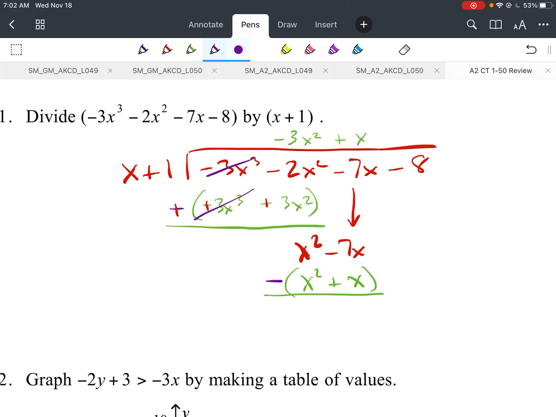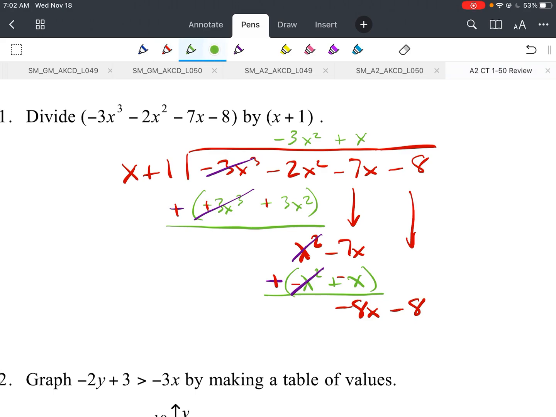So you're going to subtract the entire thing, which means we SMATO and add the opposites. These terms cancel, and then I get 7, and then negative 1, that's negative 8. And bring down negative 8 here, and this should be pretty simple.